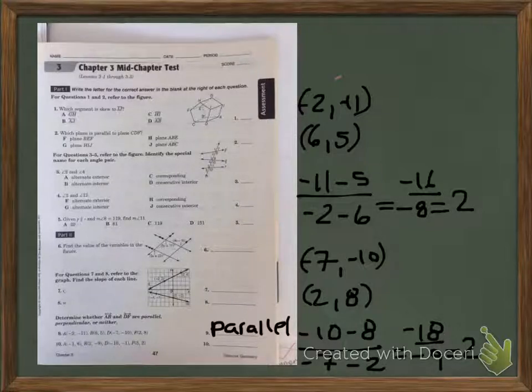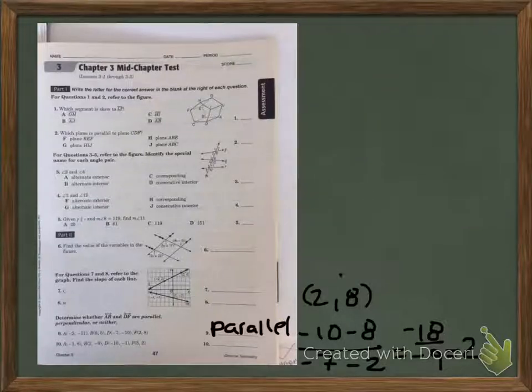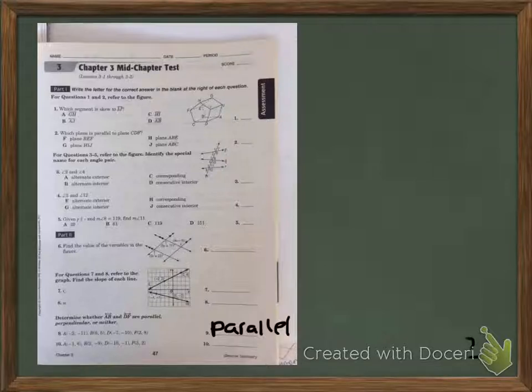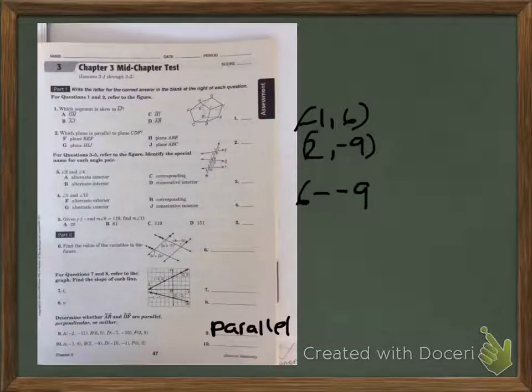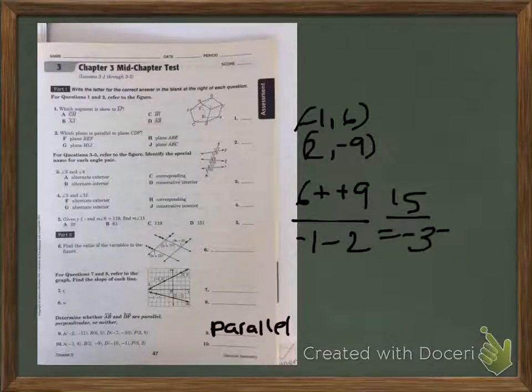And then the last problem, again, we're doing the same process as number 9. So we're going to take the 2 points for AB, and that's going to be -1, 6, and 2, -9. We're going to subtract -9 from 6, so 6 minus -9, and -1 minus 2 gives us 15 over -3, or -5.